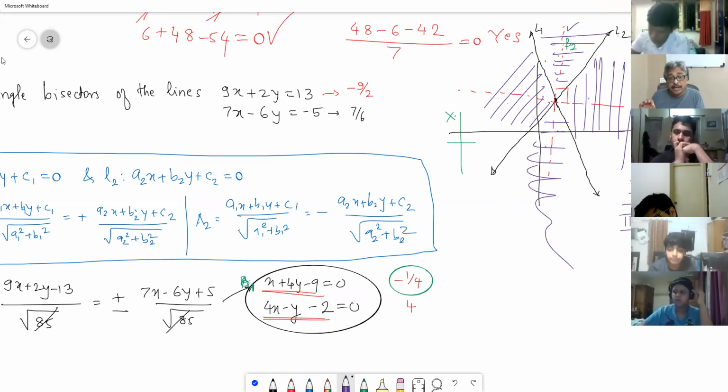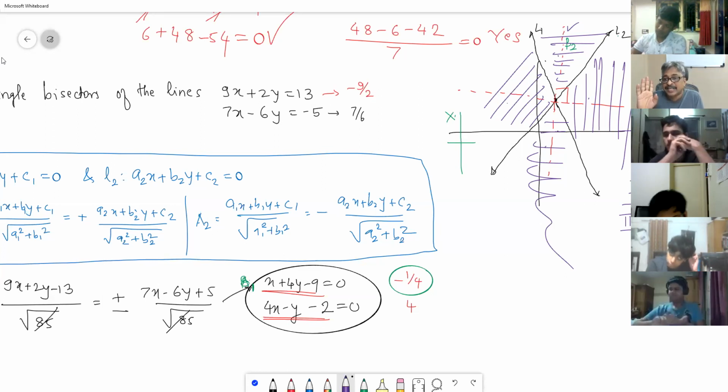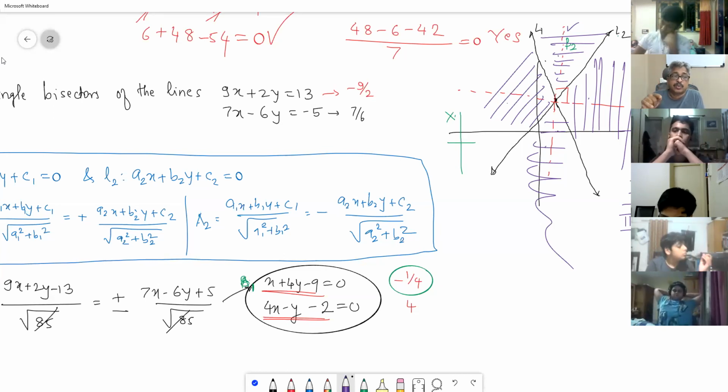If you are asked to find equations of both angle bisectors, that is the easiest thing to do, which you have already done. There are 2 angle bisectors, one is B1, another is B2. We don't know which one is which, but you wanted 2 equations, we give you 2 equations. But then if I am asking you, I know there are 2 angle bisectors, but you give me the bisector which passes through the quadrant containing so and so point.